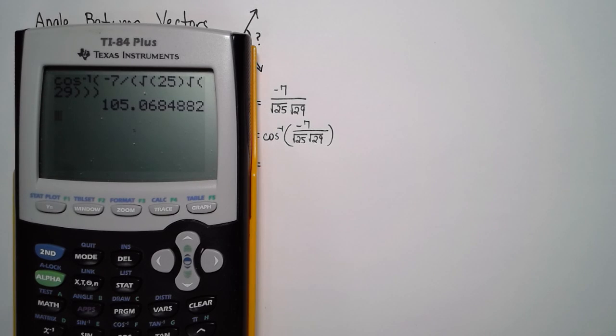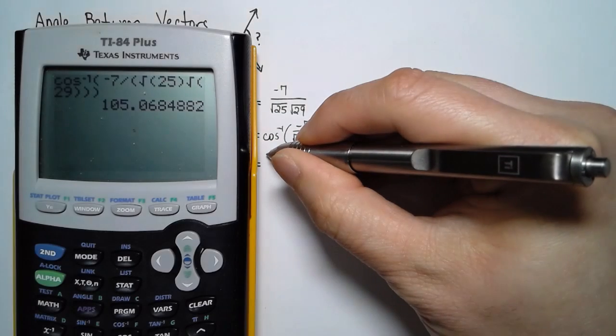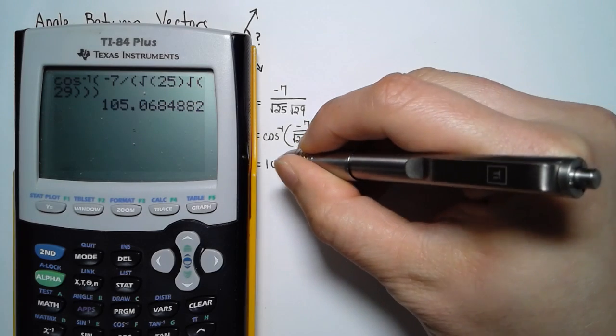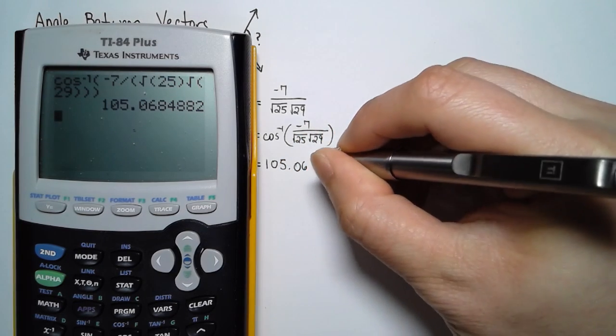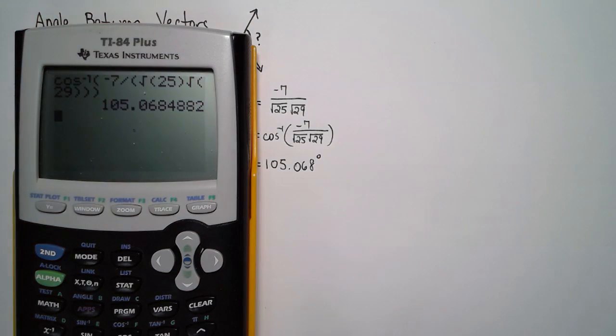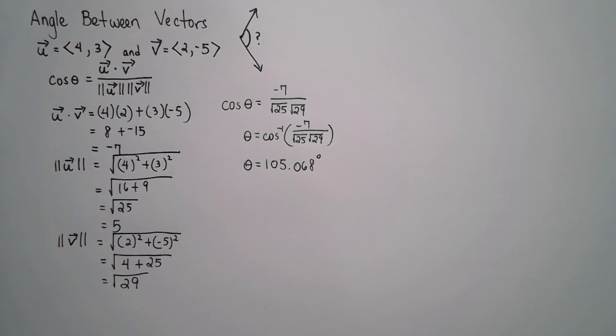And as you can see, there's our answer right there, which is 105.068 degrees. And we are done. That is how you find the angle between two vectors.